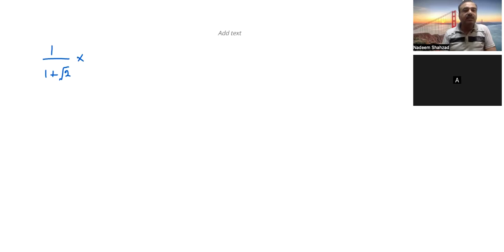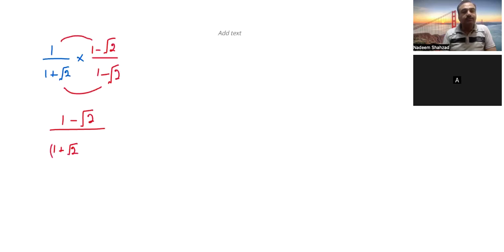You can see here the sign is plus. So we will take its negative sign, 1 minus square root 2 divided by 1 minus square root of 2. As it is multiplication of numerators with numerators and denominators with denominators, we will get 1 minus square root 2 divided by 1 plus square root 2 and then 1 minus square root 2.